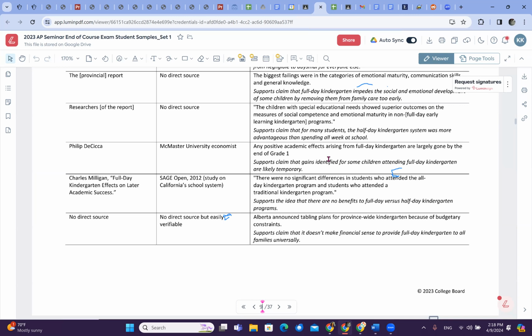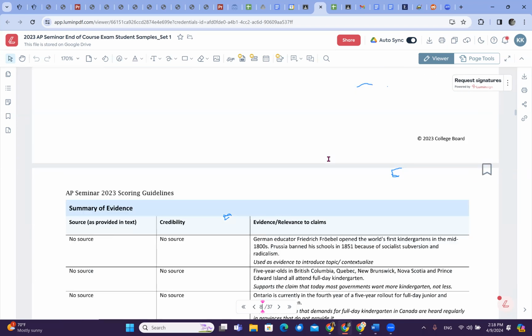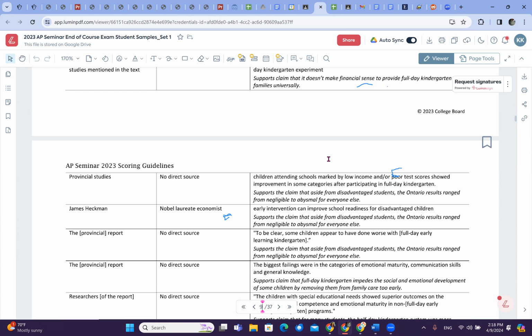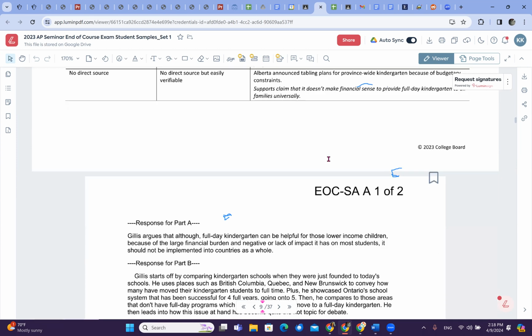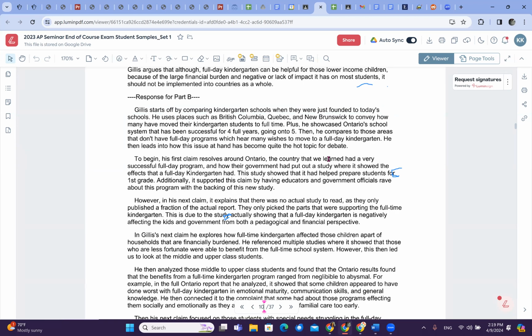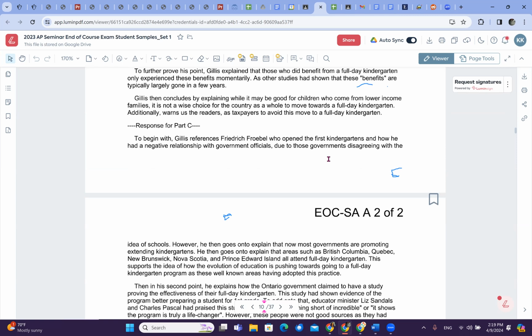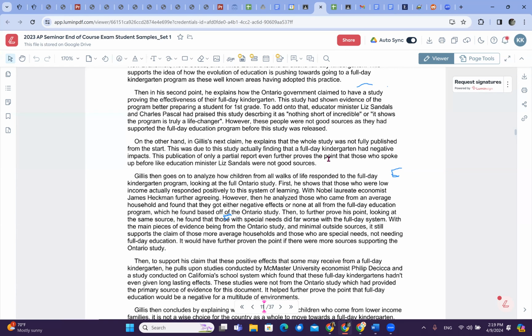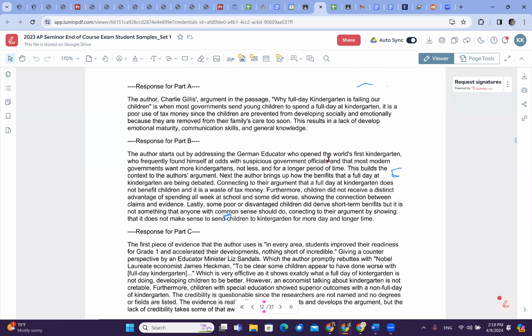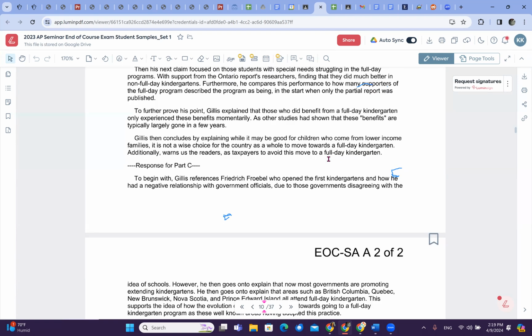So look how they did this. So we're going to go back to the claims and evidence, excuse me. Here. So the response for part B would be them going into the claims and evidence, okay? So this is what his looks like. And there's also part C. And this is another response by somebody else. So this is a high scoring response. Sorry. Let's look at it.